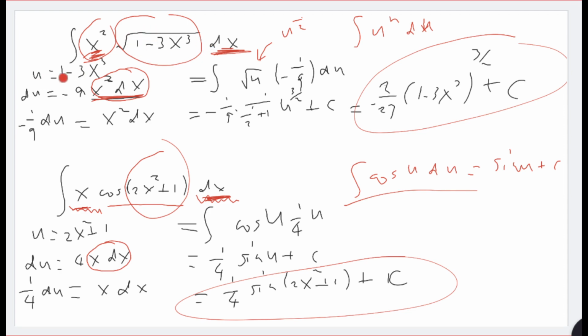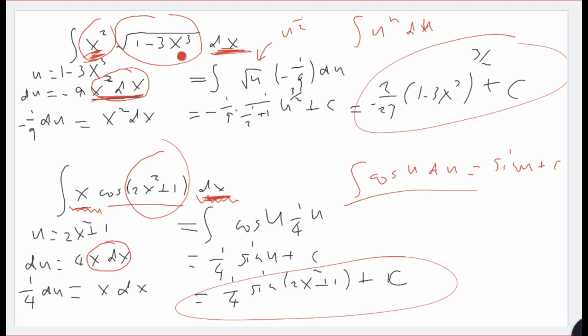Say this substitution u equals 1 minus 3x to the third power. You can quickly differentiate this part. What do you get? You have 0 minus 9x squared. So basically it's negative 9 times x squared. Forget about the negative 9, the constant. So you would have a square when you differentiate.